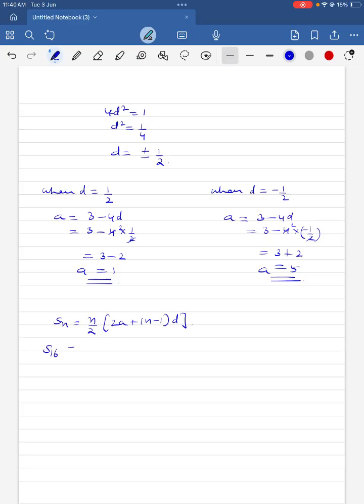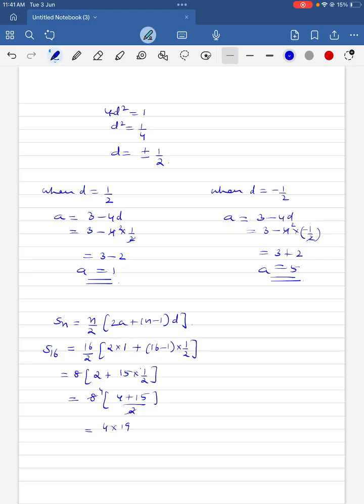So S16 will be equal to 16 by 2 into (2 times a, which is 1, plus (16 minus 1) into 1 by 2). Sorry, it's 15 times 1 by 2. That would be 8 into (4 plus 15 divided by 2), which gives me 4 times 19.